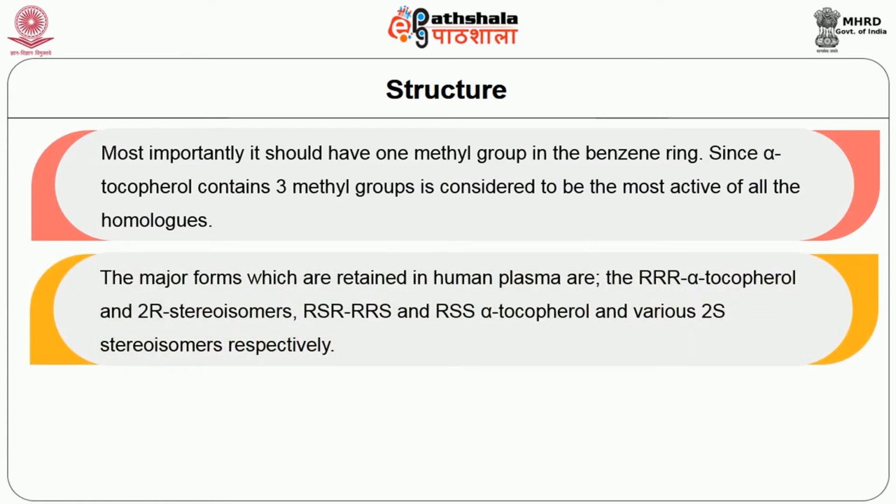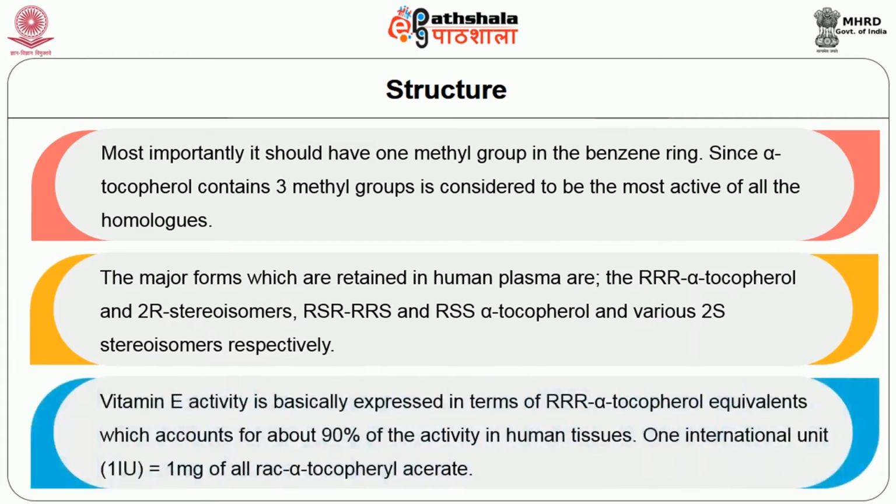The major forms retained in human plasma are the 2R stereoisomers, RRR, RSR, RRS and RSS alpha tocopherol, and various 2S stereoisomers respectively. Vitamin E activity is basically expressed in terms of RRR alpha tocopherol equivalents, which accounts for about 90% of the activity in human tissues. 1 international unit is equal to 1 milligram of alpha tocopherol acetate.